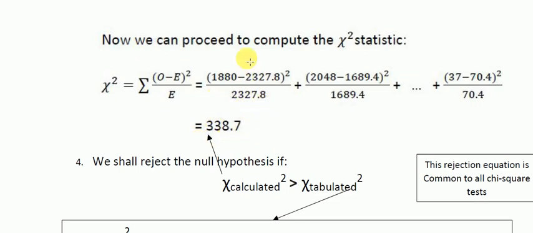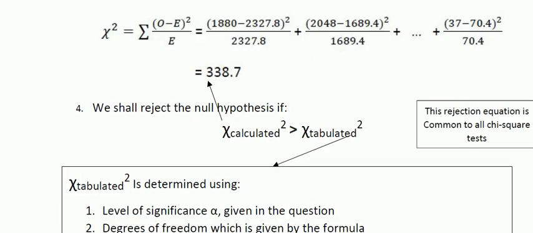So now let's see how we'll proceed further. The value that we have calculated is the chi-square value, but it is specifically called the chi-square calculated.